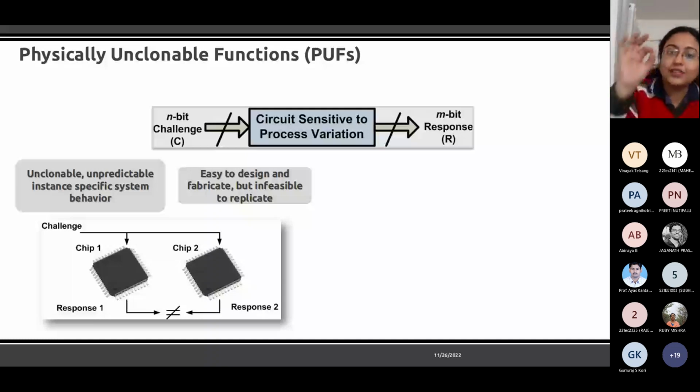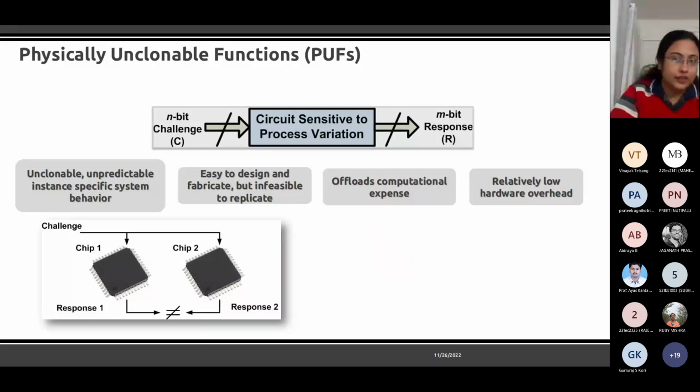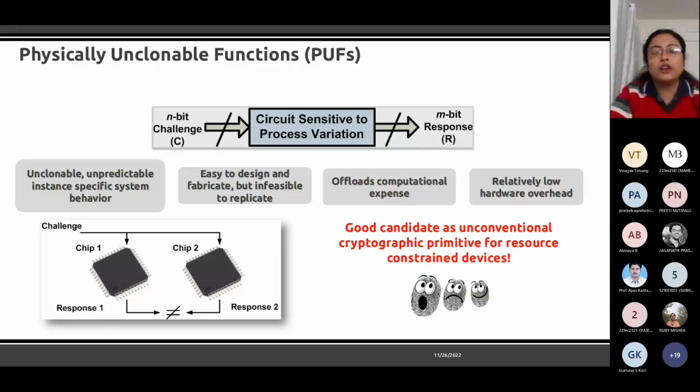It will be device specific and it will be determined only when you are manufacturing the particular device. It cannot be cloned from another device which already has been manufactured. It offloads computational expenses, and it has relatively low hardware overhead. So it's a really good candidate for an unconventional cryptographic primitive for resource constrained devices.